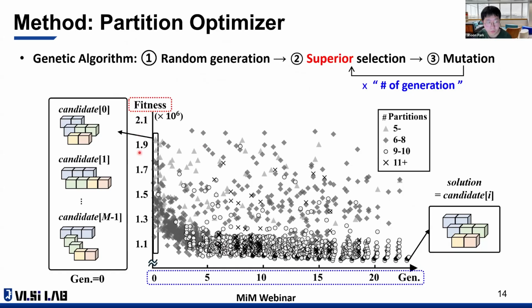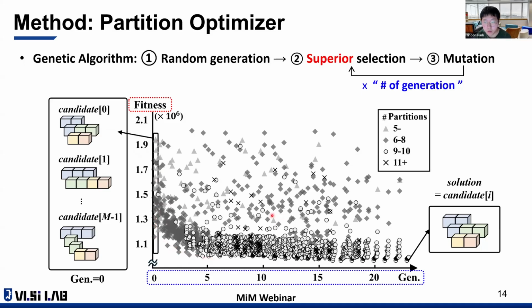We get a candidate from the random generation, and then after one generation after another, we see that the fitness, the latency, gets lower and lower.